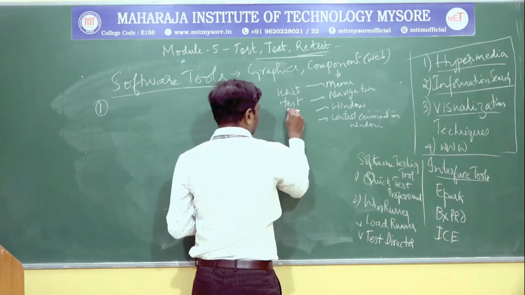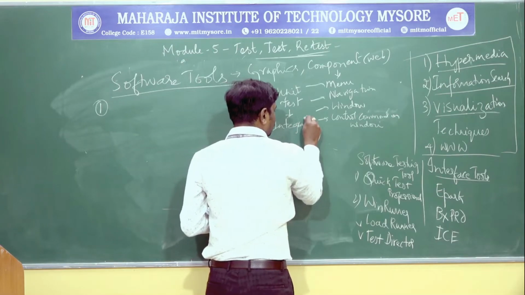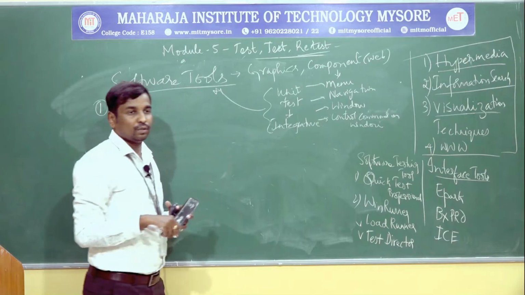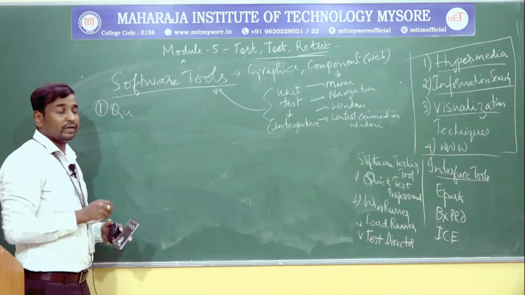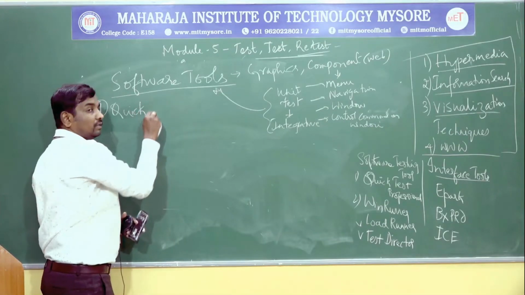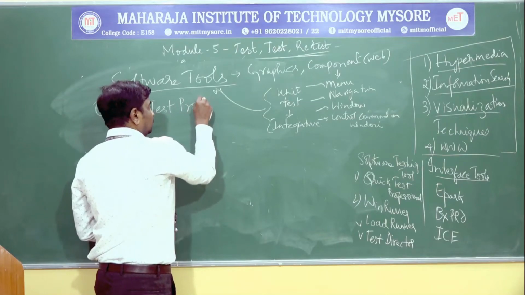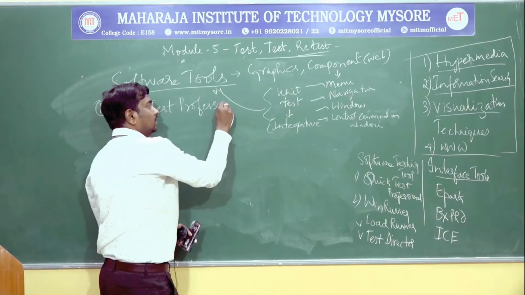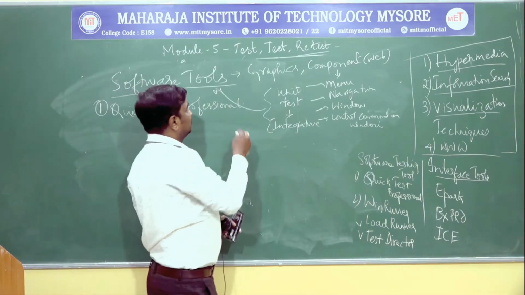So in terms of integrated testing, as we have done with the software testing tools, similarly we are using something called QuickTest Professional. This is a common tool which we use in software testing for all development.